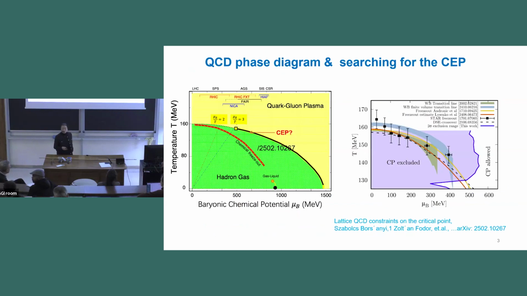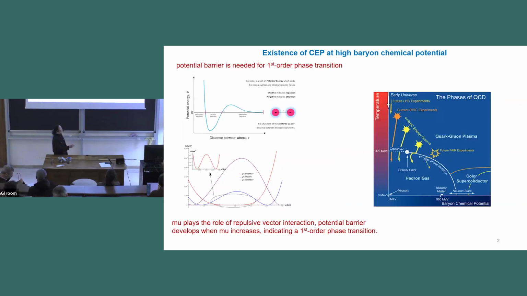Well, in principle, at zero chemical potential, it's for sure a crossover. But as I mentioned here, if you have a baryon chemical potential, it plays the role of a repulsive vector interaction.